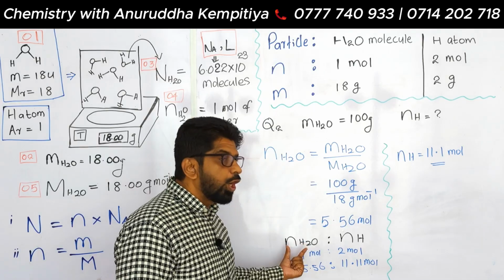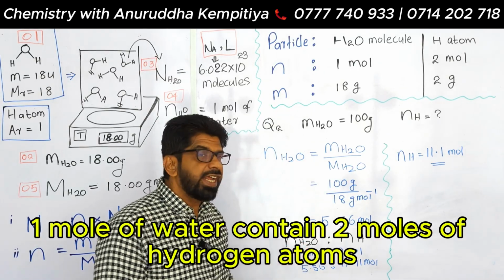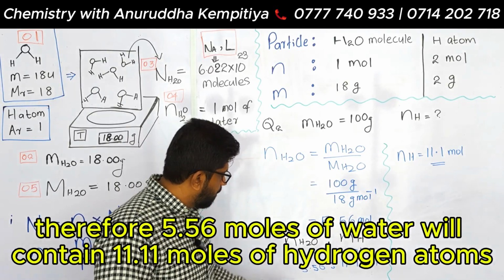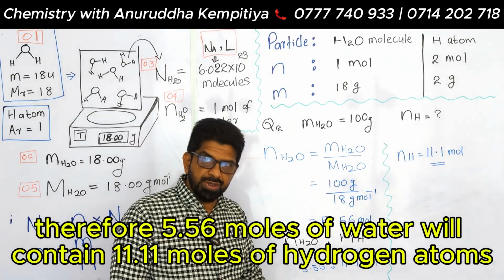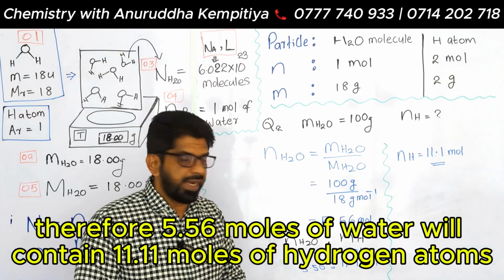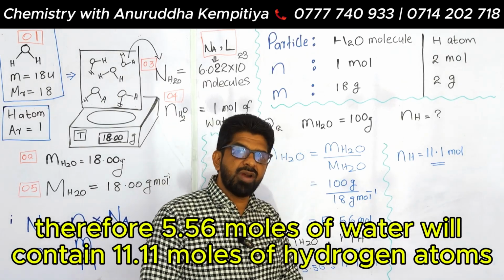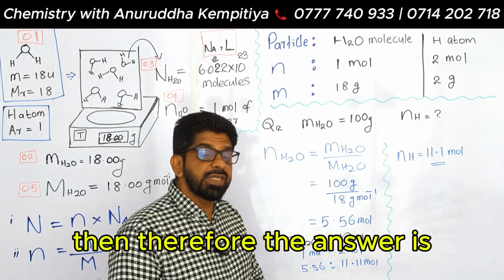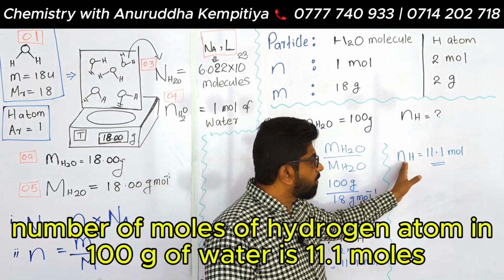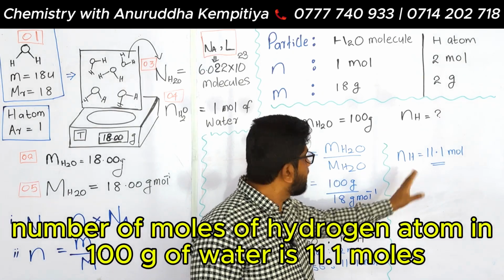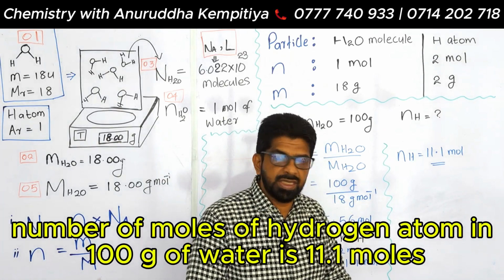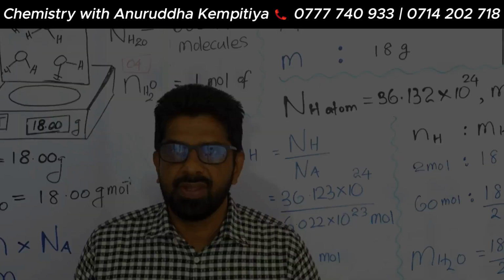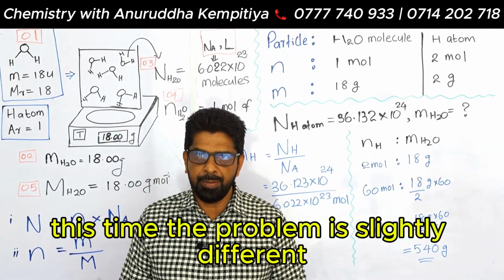That is 1 mole of water contains 2 moles of hydrogen atoms. Therefore, 5.56 moles of water will contain 11.11 moles of hydrogen atoms. Therefore, the answer is, the number of moles of hydrogen atoms in 100 grams of water is 11.1 moles.